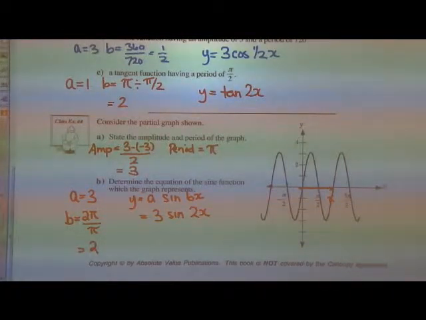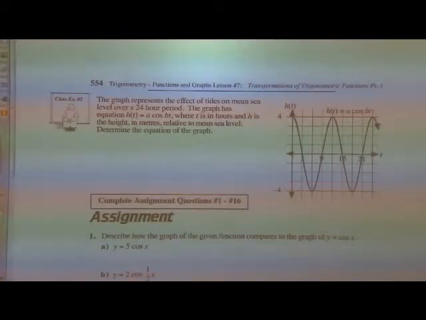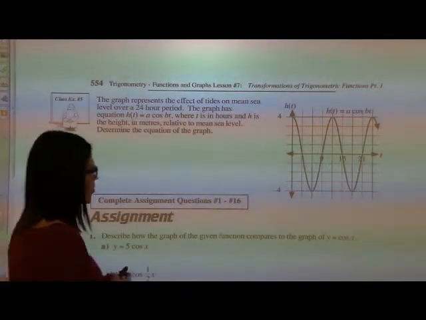Okay, and then the last question. This graph represents the effect of tides on mean sea level over a 24-hour period. The graph has an equation, h of t equals a cos b of t, where t is in hours and h is height in meters relative to the mean sea level. Determine the equation of the graph.